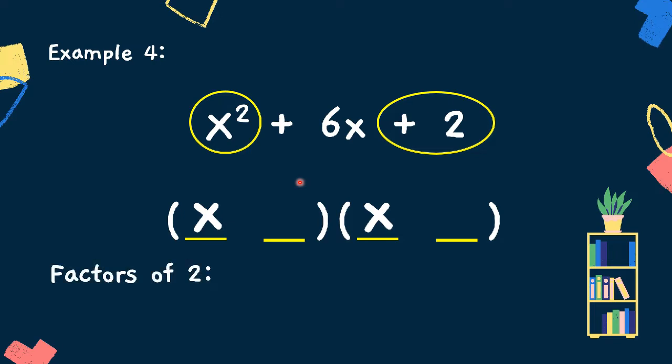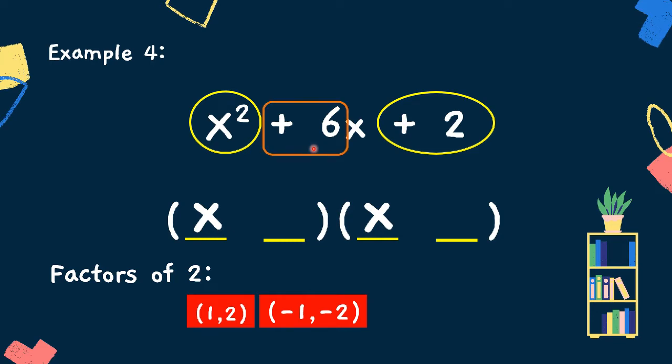We will look for factors of positive 2, and these are positive 1 and positive 2, and negative 1 and negative 2. After looking for the factors of our third term, we choose which among these factors will give us a sum of positive 6. Notice that there are no factors that give us the sum of positive 6.